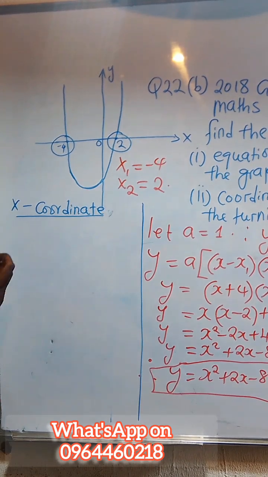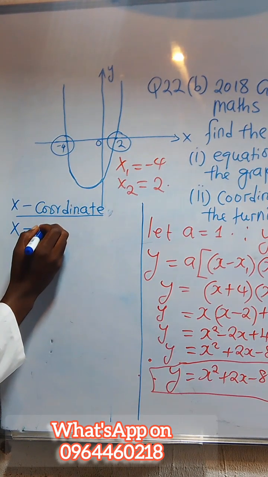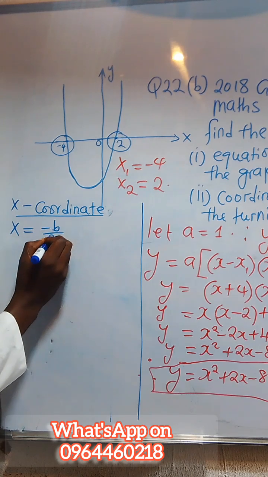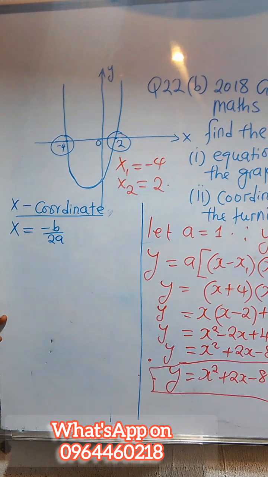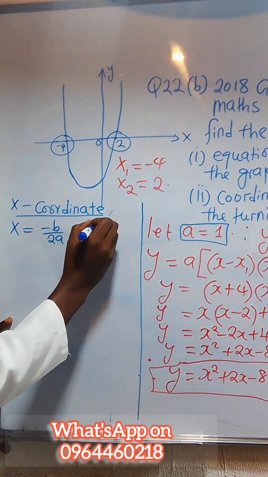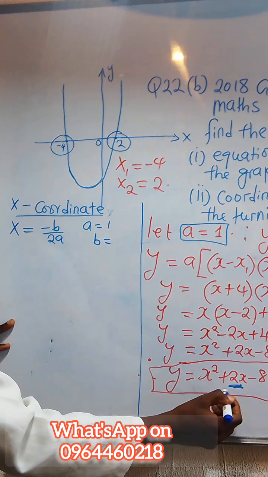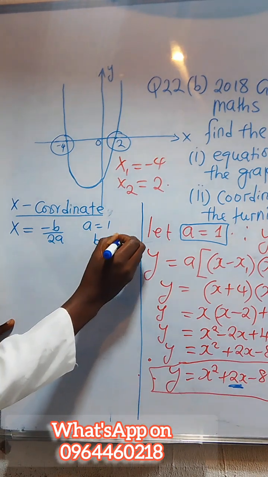The formula is x is equal to negative b divided by 2a. We know from our equation that a is 1 and b is positive 2.